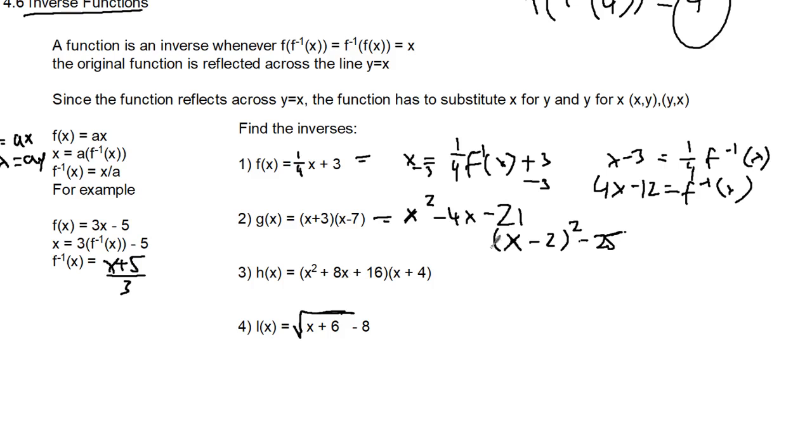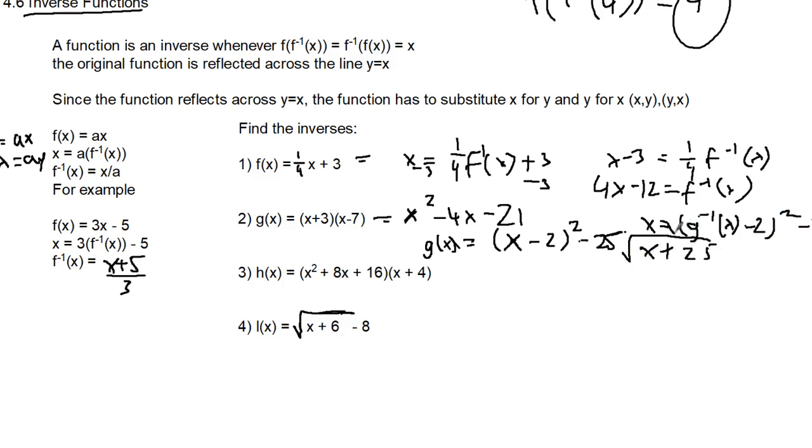And then we can put this as g of x. So then we can switch g of x with the x, and we'll do x equals g inverse of x minus 2 squared minus 25. Add 25, x plus 25.